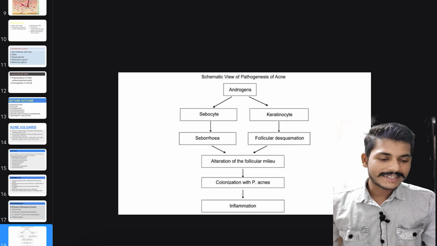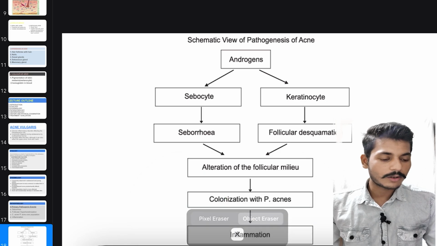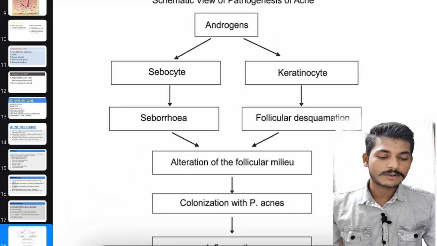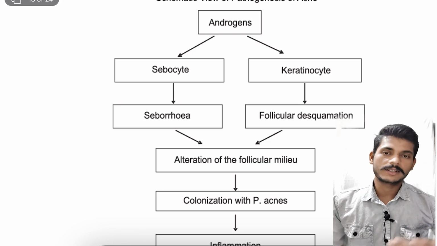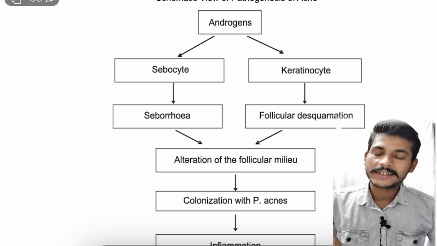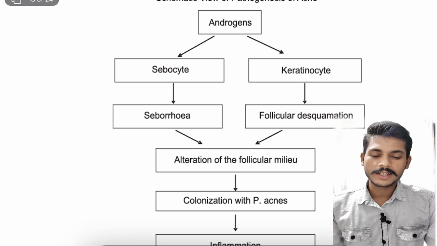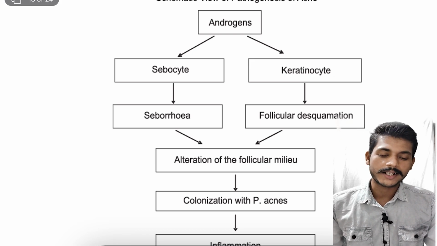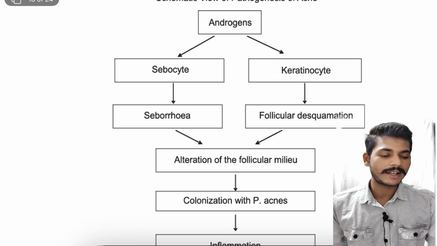Now coming to the cell types, as we discussed, there are sebocytes and keratinocytes. These are all cells. If you present their pathogenesis diagrammatically, the androgens come and stimulate the sebocytes and keratinocytes. Sebocytes result in excessive secretion of sebum, referred to as seborrhea.